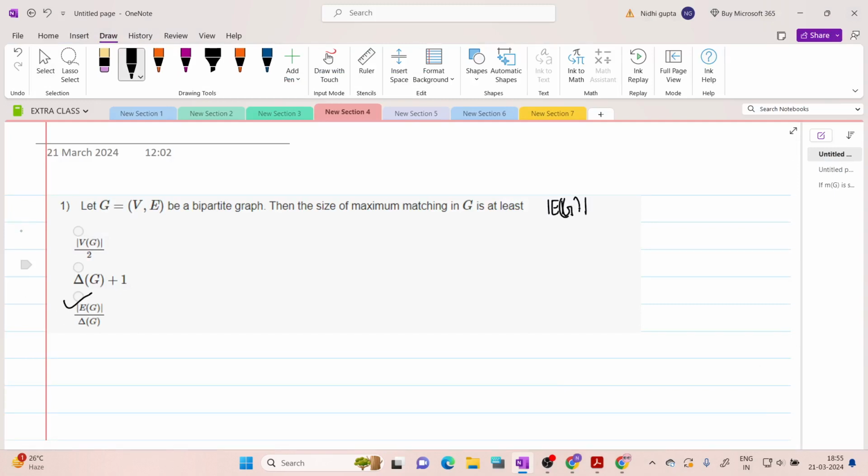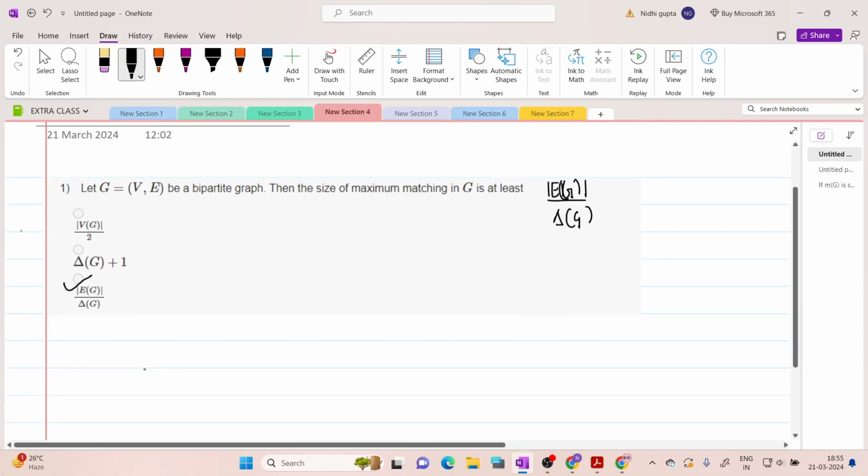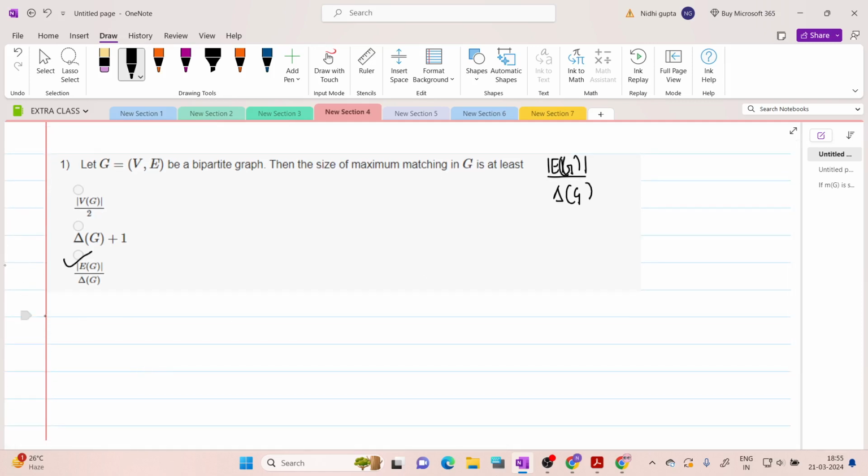Now, can you give us a reason also? So that is the number of edges. The size of maximum matching in G is at least that.